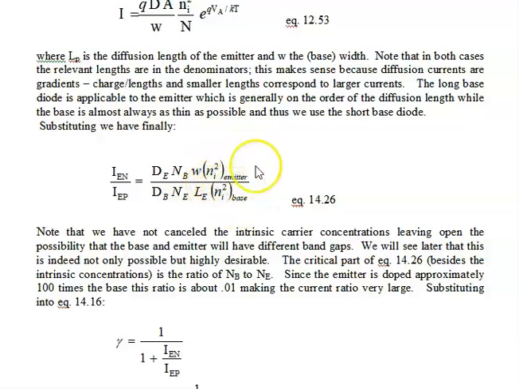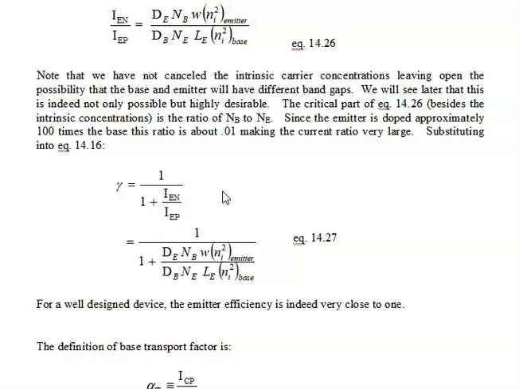Then we can have all kinds of interesting things going on, and that's what we're going to talk about a little bit later on. So that is a materials issue. That is not a fabrication issue. It is not a biasing issue. And that will get us into something called the heterojunction bipolar junction transistor.